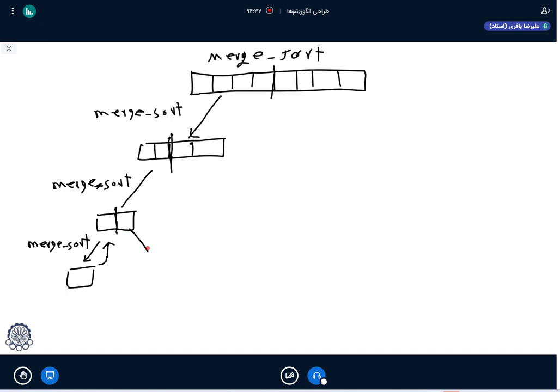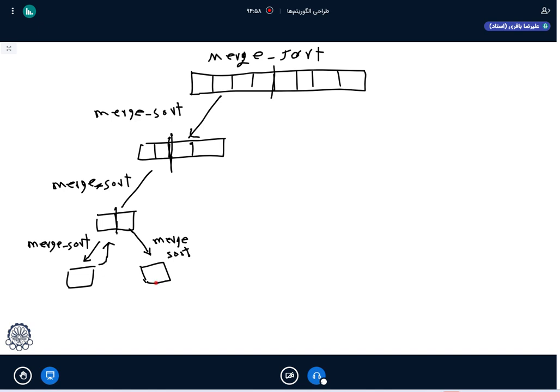A function call is done for the second part, which also contains only one number. So we have a merge sort call here.